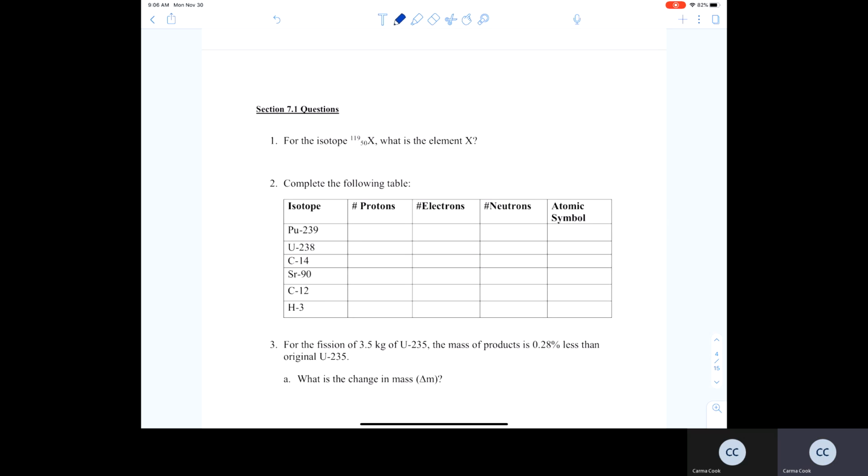So for this isotope X, we need to find out the identity of this element. So its mass number is 119. And the atomic number is 50. And that's the number of protons. And so we need to just consult the periodic table to find the element which has atomic number 50.